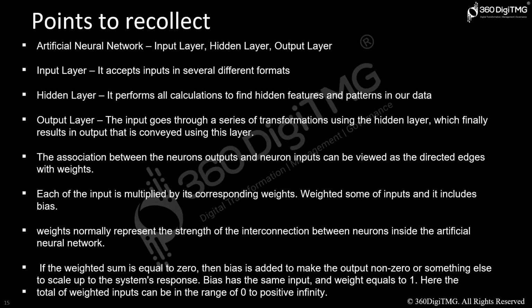If the weighted sum is equal to 0, then bias is added to make the output non-zero, or to scale up the system response. Bias has the same input and weight equal to 1. Here, the total of weighted input can be in the range of 0 to positive infinity.